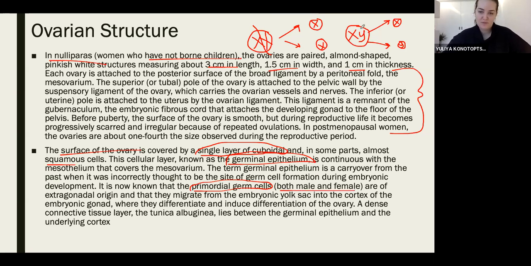It doesn't matter, they both come from epiblast, go to the gonads, and in the gonads they will give you either spermatozoa or oocyte. What does that depend on? It depends on the chromosomes you're carrying. If I'm carrying XX, then in the gonad they will become oocytes. If I'm carrying XY, then these PGCs in the gonad will become spermatozoa.